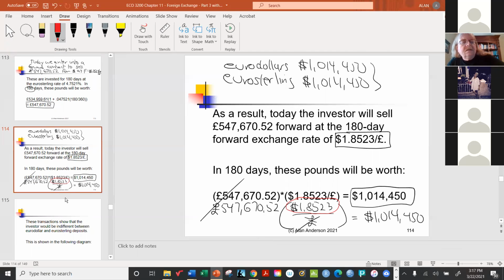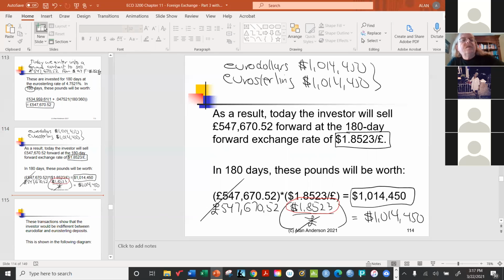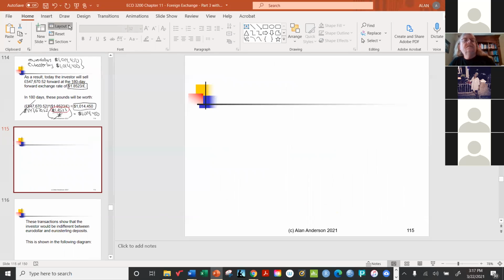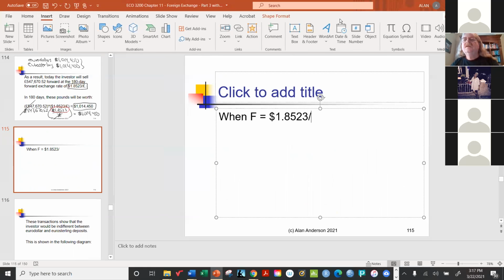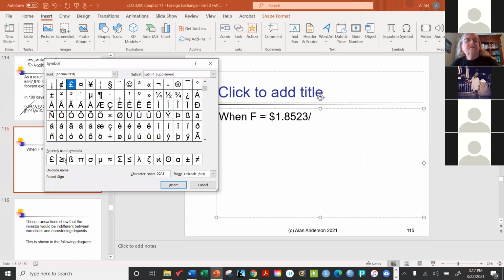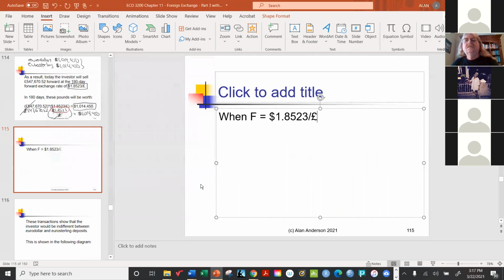All right, so let's say that had it been too high. So the bottom line here is that when F equals $1.8523 per pound, what happens is that the returns to both countries, or both currencies, I guess we should say, are the same.